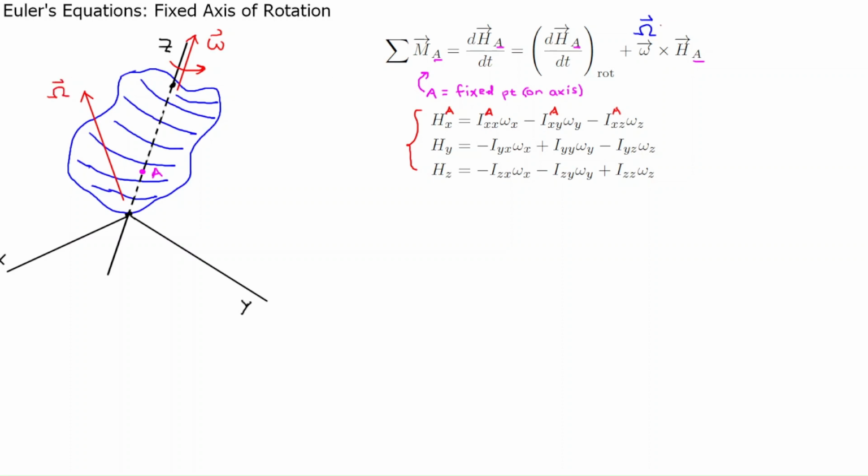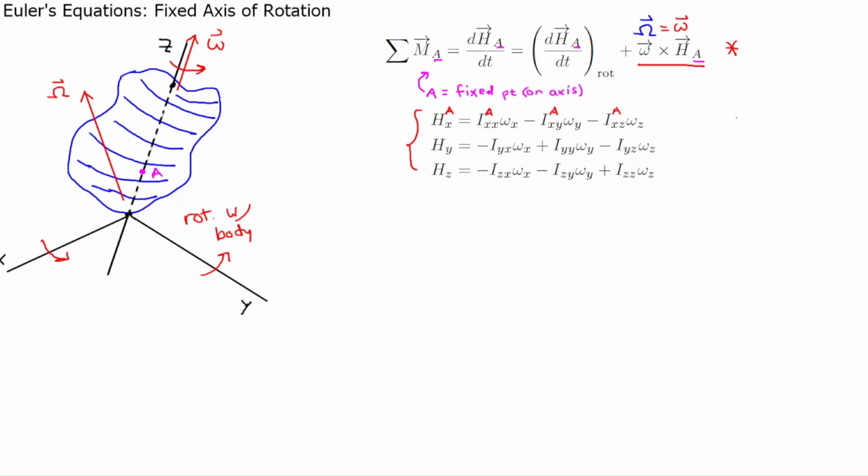But what we do is we just set that equal to little omega to be able to use this version of Euler's equations, with the lowercase omega in this formula. What that means is that the axes x and y are kind of rotating with the body. That's what permits us to use this version.